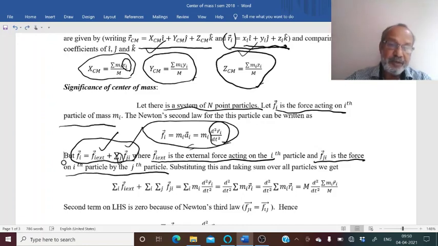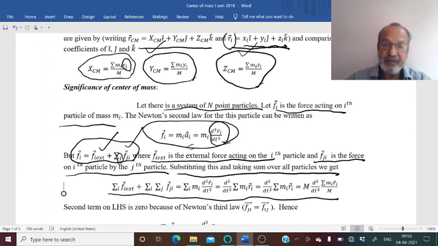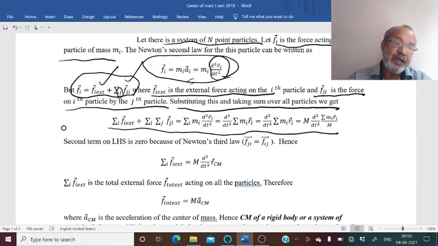Suppose we substitute this force in the Newton's equation, and let us take a sum over i of that equation. Then we will get this equation: sigma i Fi external plus sigma i sigma j Fji, which is equal to sigma i mi d square Ri by dt square.